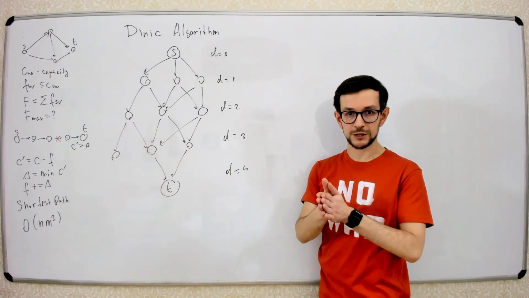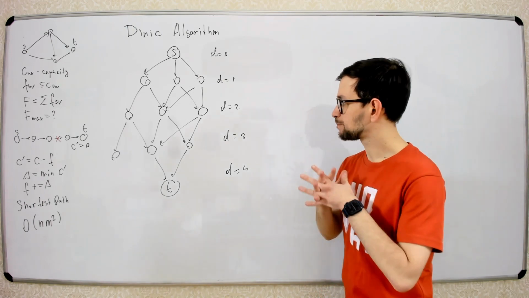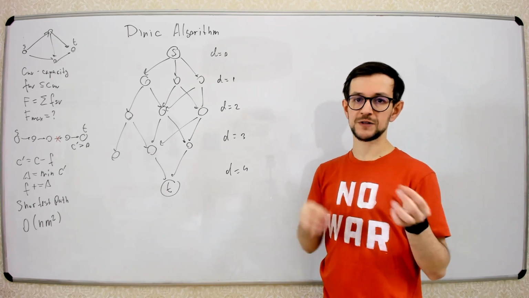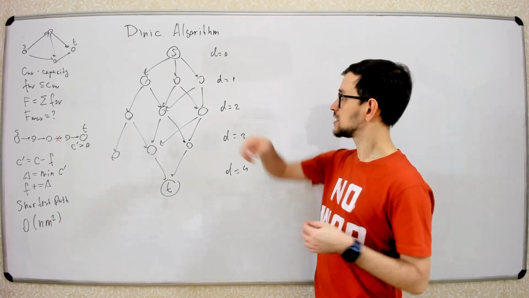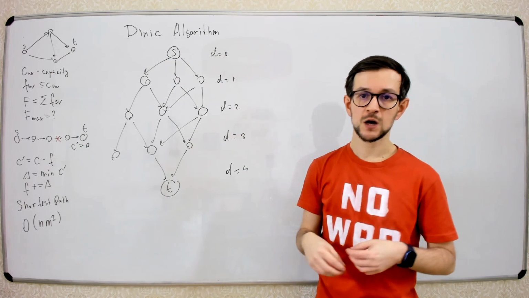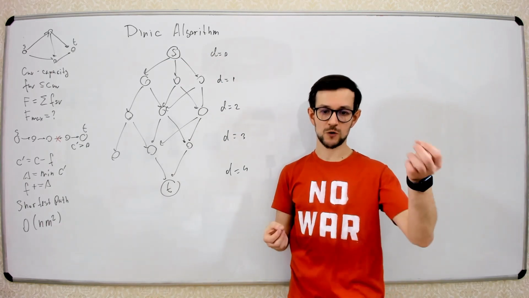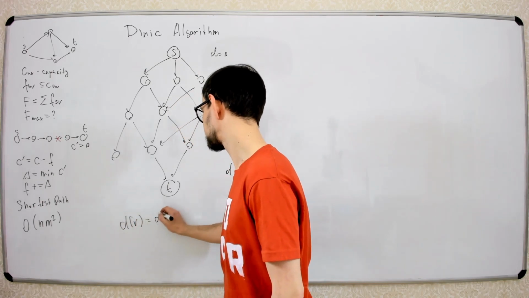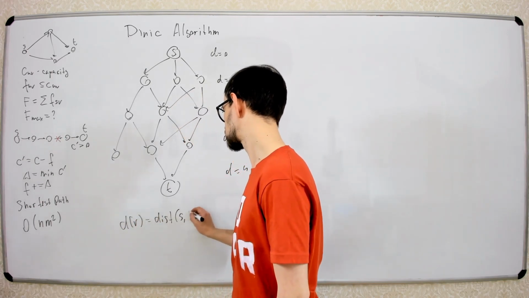So what we just did is run the BFS algorithm from this node S. For each node, we calculate the distance from S. Again, d(v) is the distance from S to v.